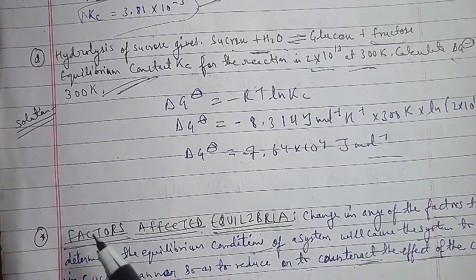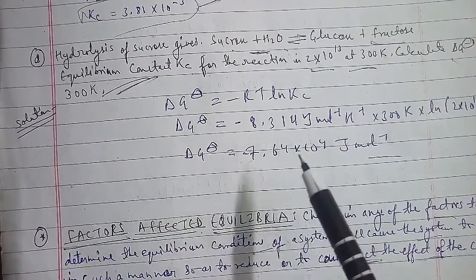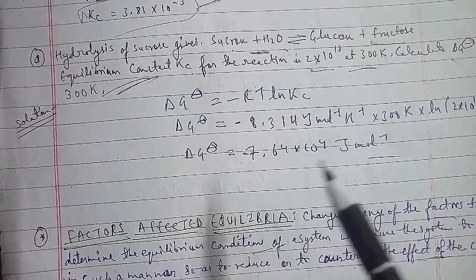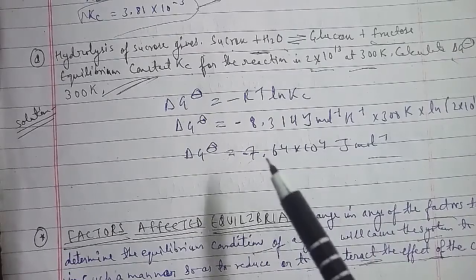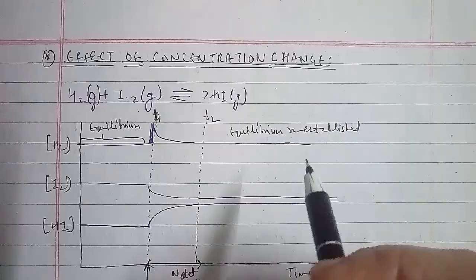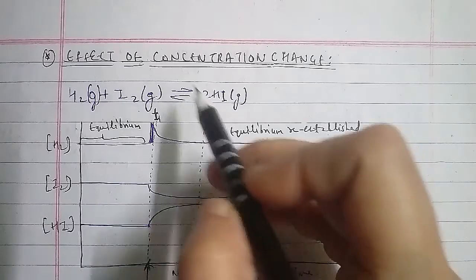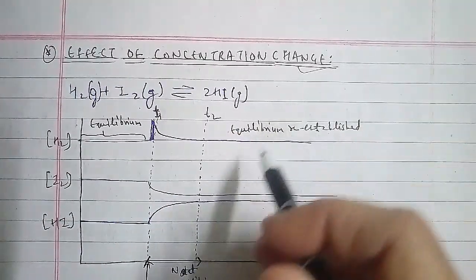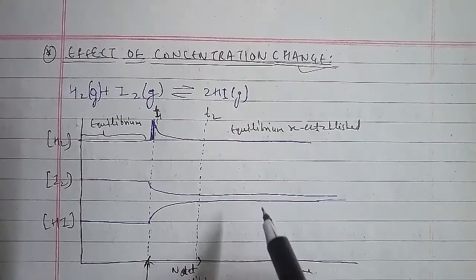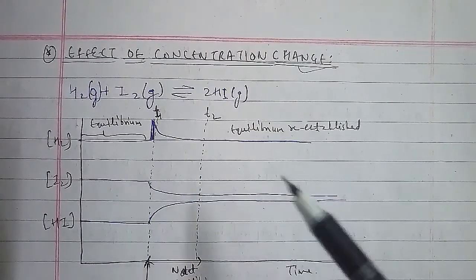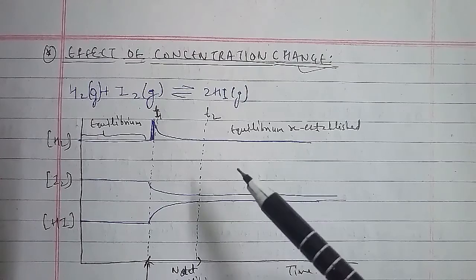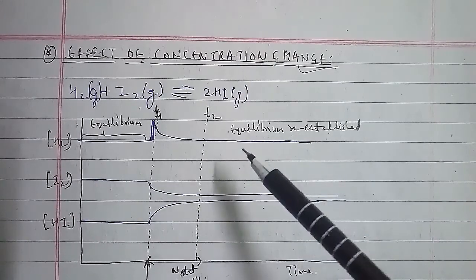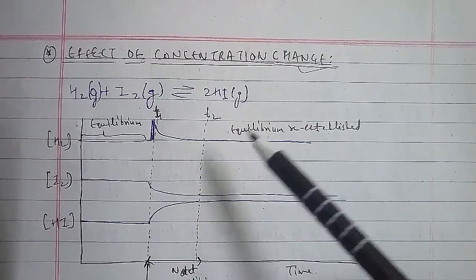First, we have to know about the effects of concentration change. In general, when the equilibrium is disturbed by the addition or removal of the reactants or the products, Le Chatelier's principle predicts that the concentration stress of an added reactant or product is relieved by the net reaction in the direction that consumes the added substance, and the concentration stress of a removed reactant or product is relieved by the net reaction in the direction that replenishes the removed substance.